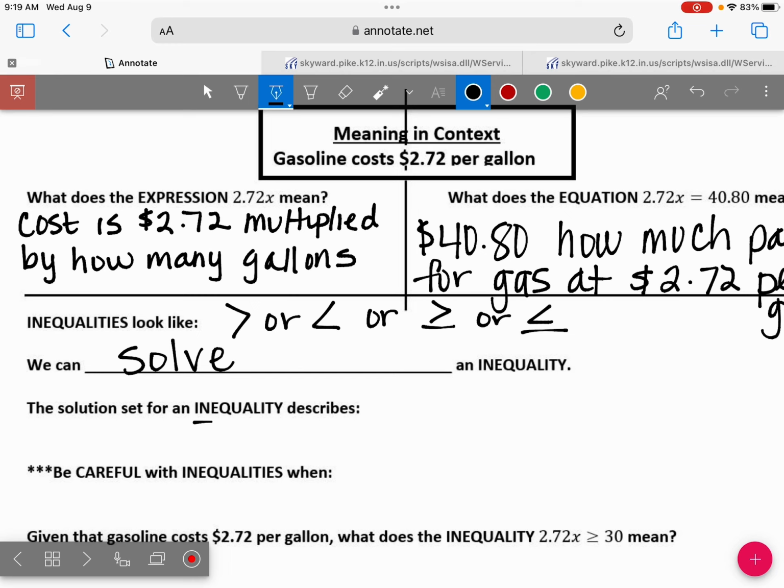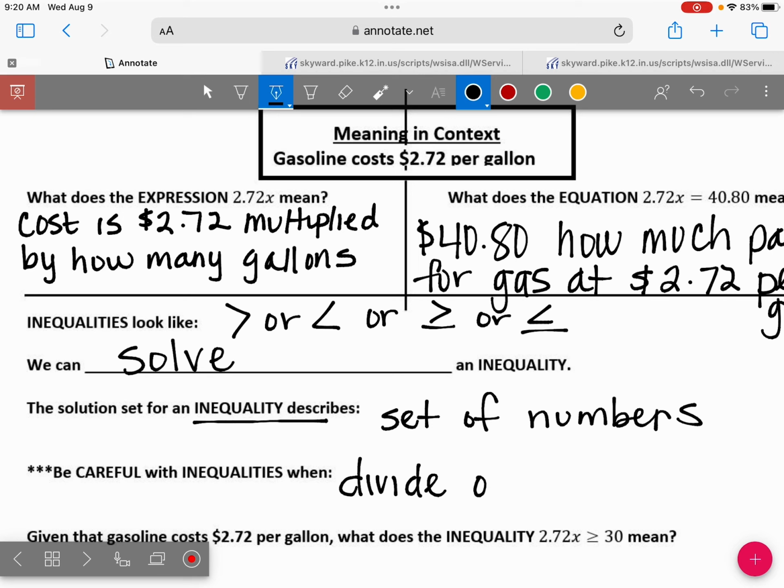So an inequality is not just one number. An equation, the solution is just one number. For an inequality, it is a set of numbers. And when you divide or multiply by a negative, we have to be careful.